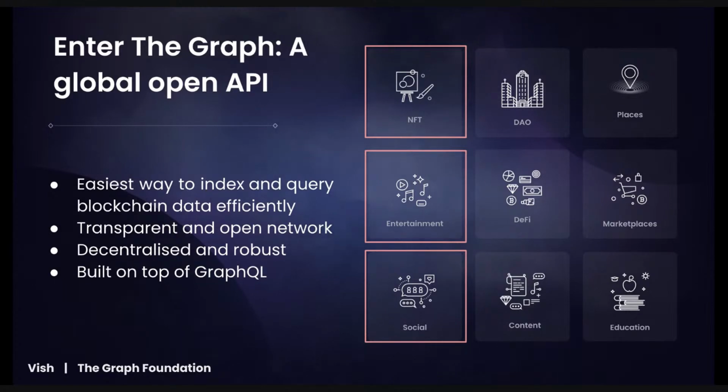For example, there are subgraph developers, there are people who curate on different subgraphs, just so that the indexers know which kind of subgraphs to index. And then, of course, as I mentioned, indexers, these are the participants who index your subgraphs. So that kind of makes up the entire transparent and open network.